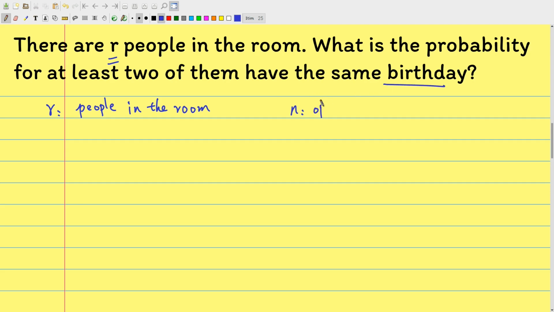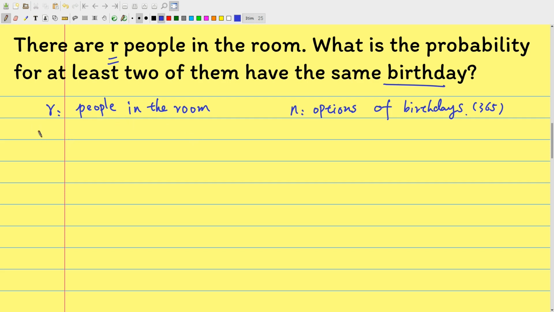So options of a birthday. Okay, so we have limited options of birthday. Actually, I would say 360, 365, or 366. So your options for birthday are limited. It's not unlimited. So we use a variable to represent those two things.